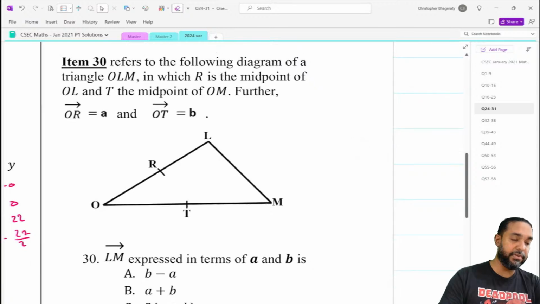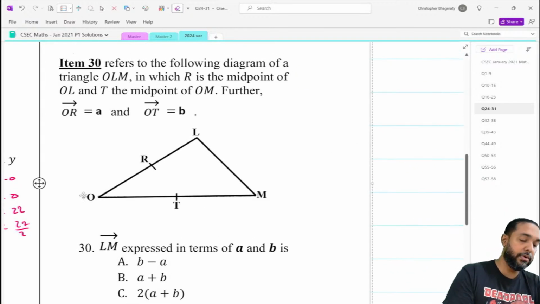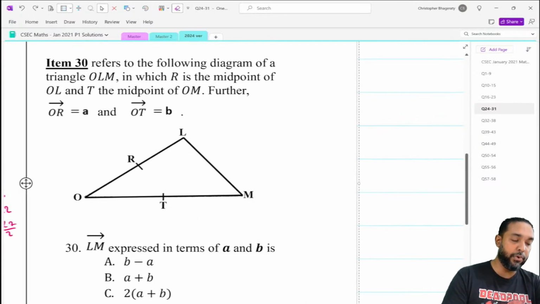Right. Item 30 refers to the following diagram of a triangle OLM, in which R is the midpoint of OL and T is the midpoint of OM.